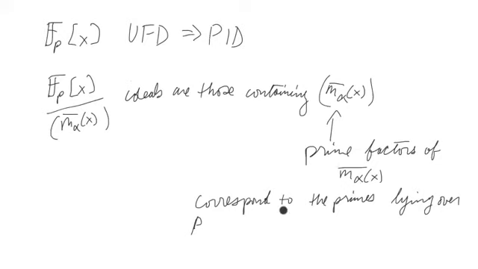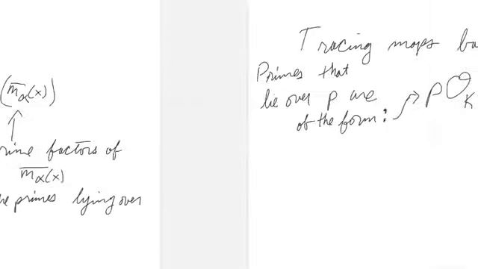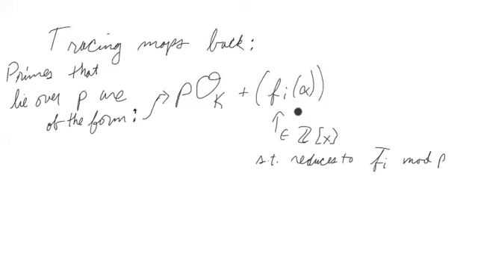That will correspond to the primes lying over p as we trace things back. In fact, thinking of f_i bar as one of the irreducible factors, we lift it to anything in Z[x] that lifts to it, then plug in alpha and add a multiple of p as we trace maps backwards, and we end up getting an ideal, and this ideal is a prime.